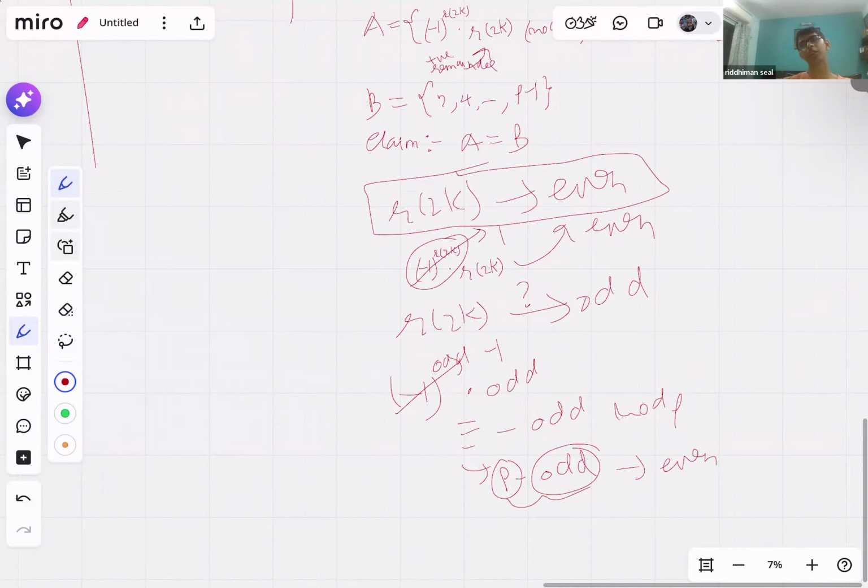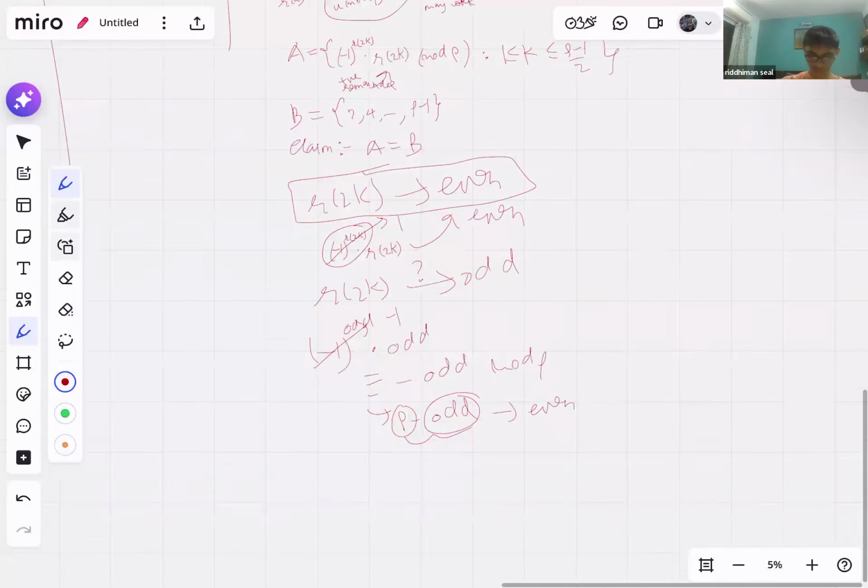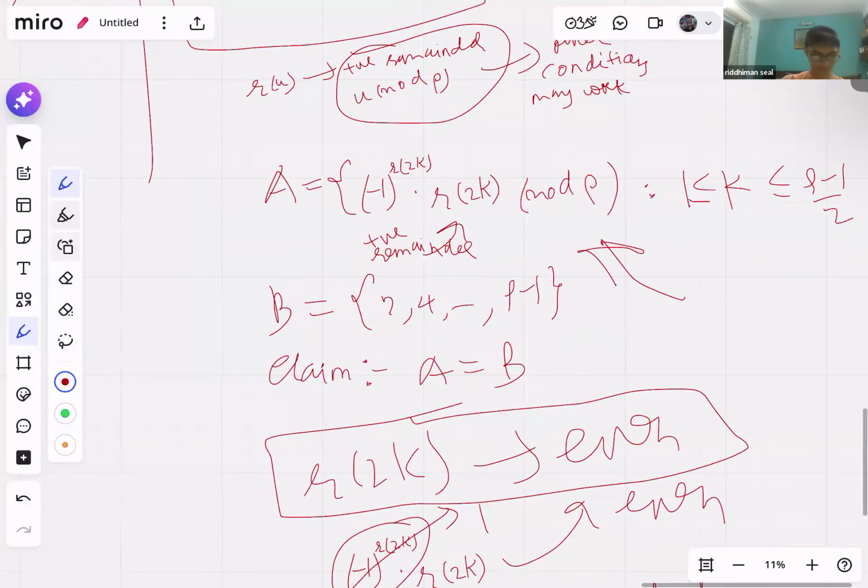And this is quite common sense. If you have alternating plus and minus signs, you will put in a minus 1 to the power of something in your expression. So what we have shown is that this set has all even residues mod p, looking at positive remainders, and it has p minus 1 by 2 elements.